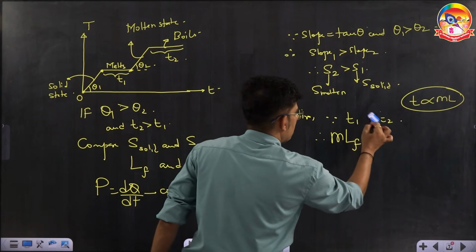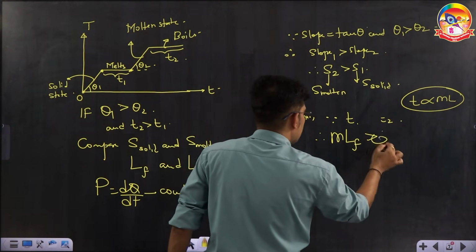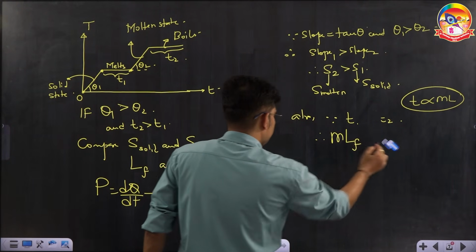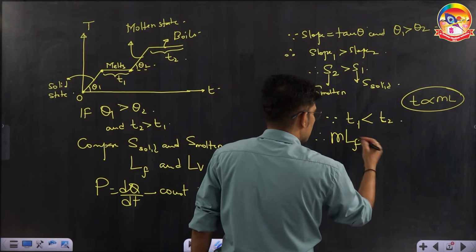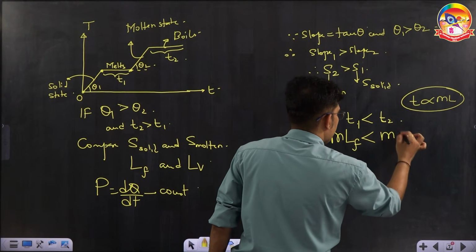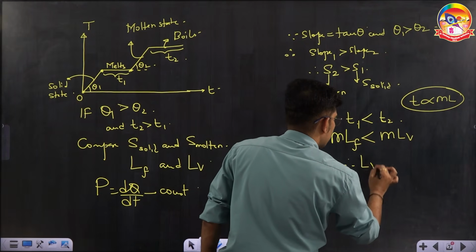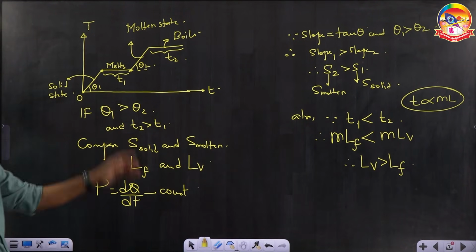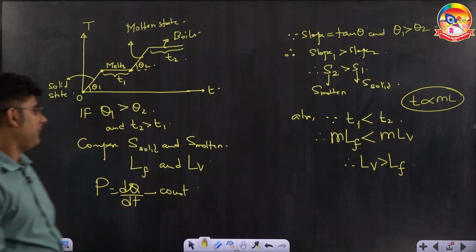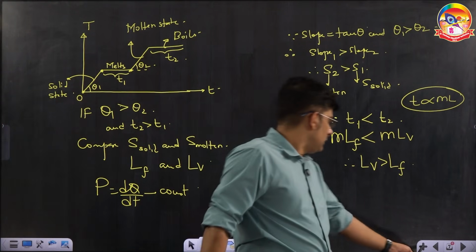So let's interchange here, so we will say T1 and T2. T2 is more, so mL_F is less than mL_V. So latent heat of vaporization will be greater than latent heat of fusion. In this way we can answer this question. I hope it is clear.